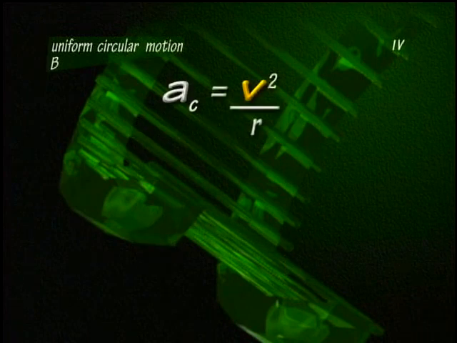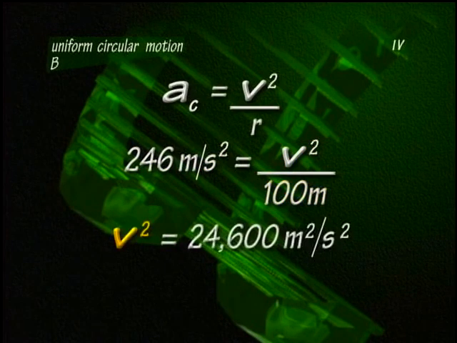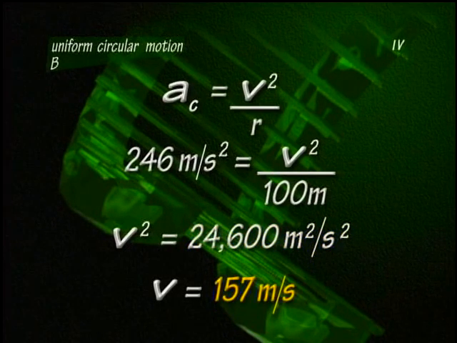To find velocity, all we have to do is plug into our equation a sub c equals v squared over r. A sub c, 246 meters per second squared, equals v squared over r, 100 meters. v squared equals 24,600 meters squared per second squared. So, v equals 157 meters per second.